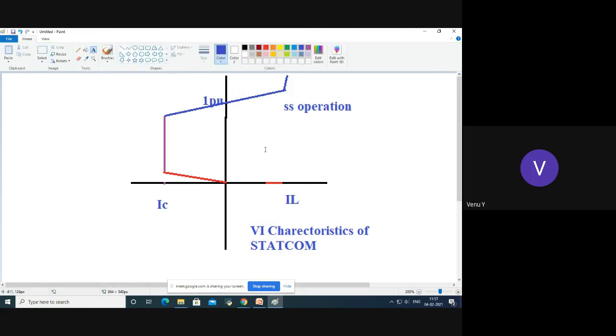So below 1 pu, it is also supplying the same amount of current IC. So this is the VI characteristics of the STATCOM.